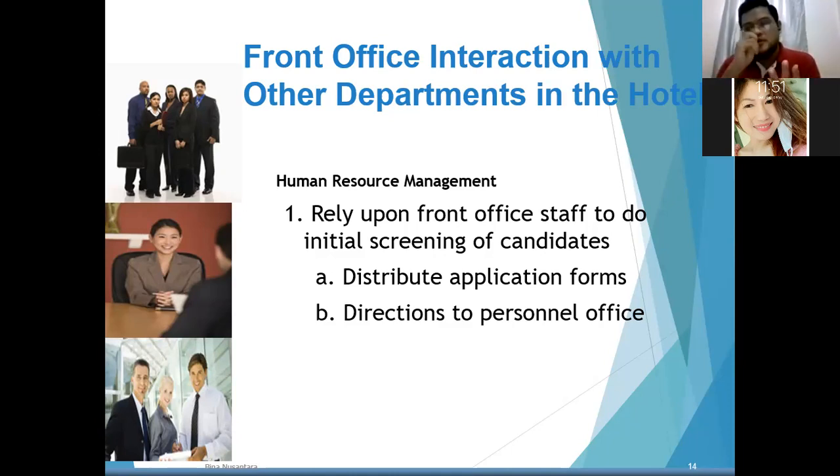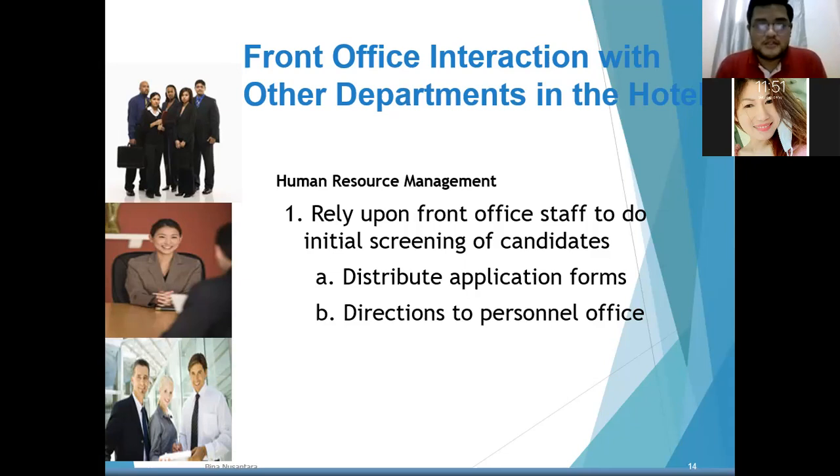When you want to talk about employee welfare, compensation package, and so on, you will call the human resource department. So basically, whenever front office requires any human resource functions, they will liaise with the human resource department.